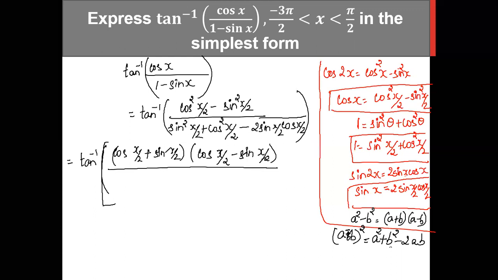So the denominator can be replaced by a minus b whole square, that is sin x by 2 minus cos x by 2 whole square.